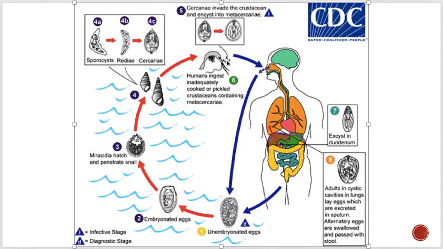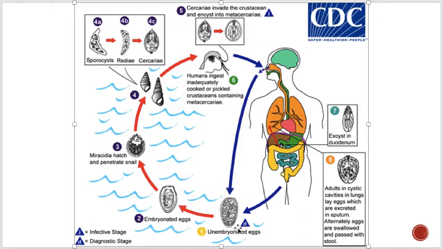And once they are in the crab or in the crayfish, they are going to form the encysted form, which can be ingested by the human. So this is how their life cycle runs, right? Now, this is the maturation, and this is the infective stage and this is the diagnostic stage, right?